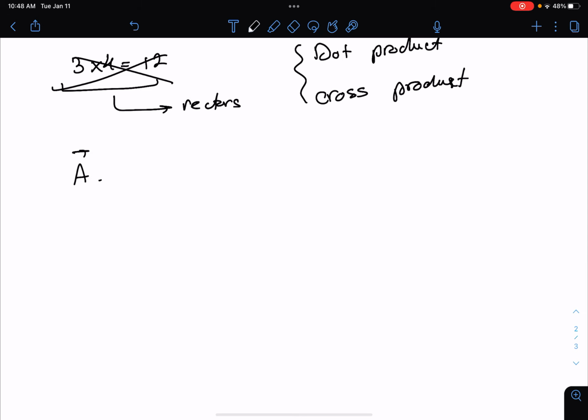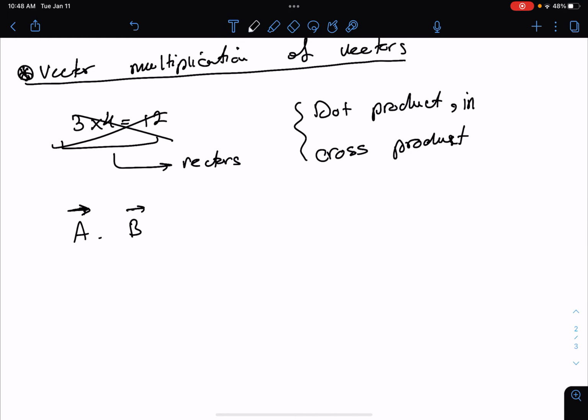The dot product of two vectors, or the inner product, is essentially going to give us a scalar, right?